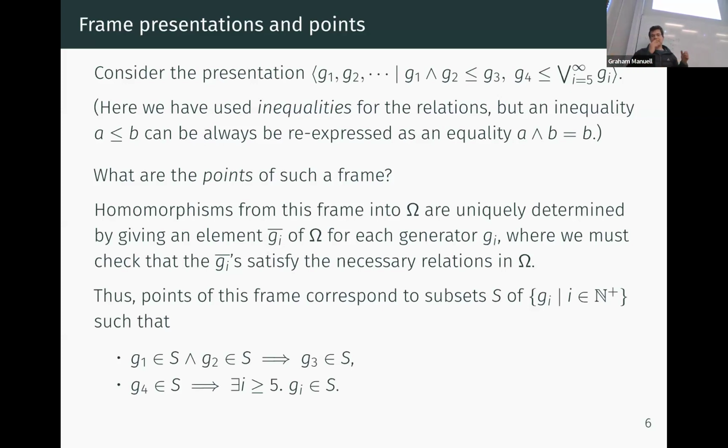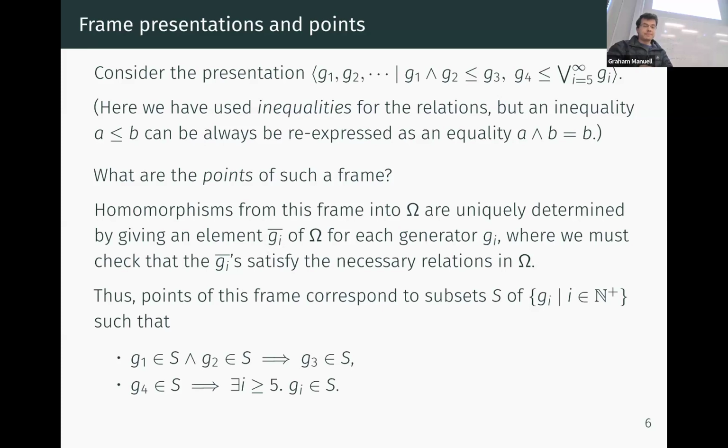And then the second one says if G4 maps to true, then we need the join of these GIs mapping to true. But if the join of some things is true, that means one of them is true. That's one way of understanding the way I define join in omega. So this means that there exists an I such that this holds. So hopefully that makes some sense.